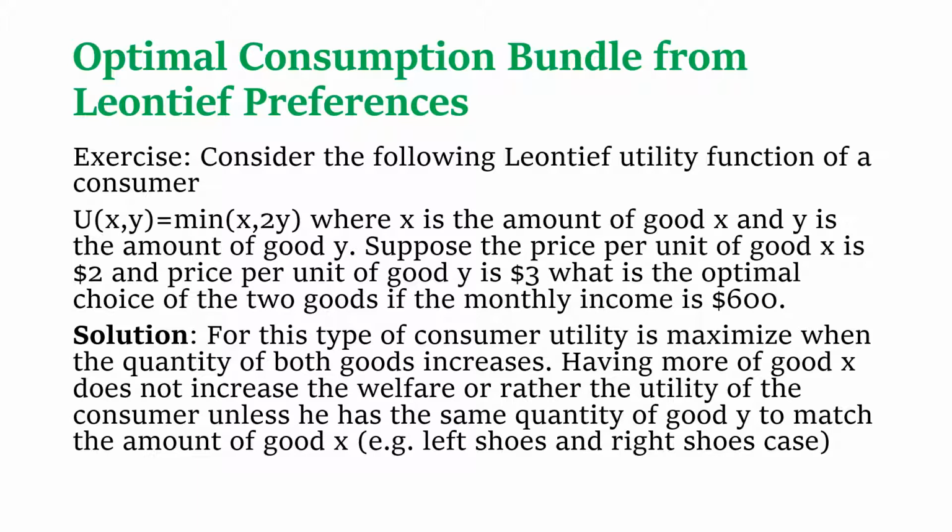So that's why I say here, having more of good X does not increase the welfare, or rather the utility, of the consumer, unless he has the same quantity of good Y to match the amount of good X. That is the only time when the consumer maximizes utility. So this is the reason why the point of optimality occurs at the kink of the indifference curve.